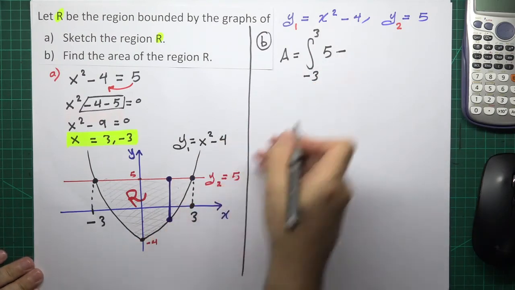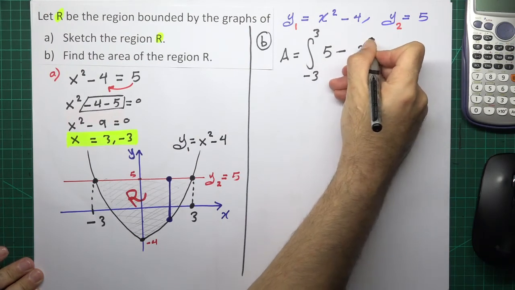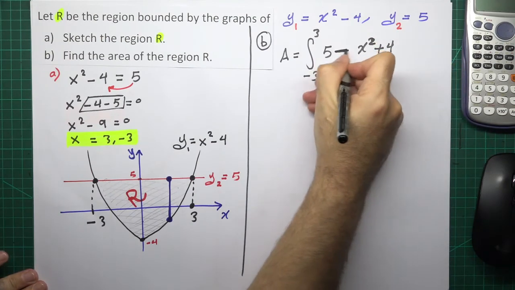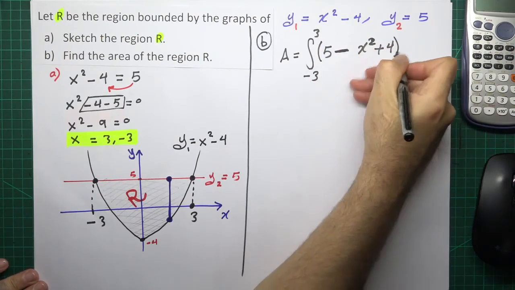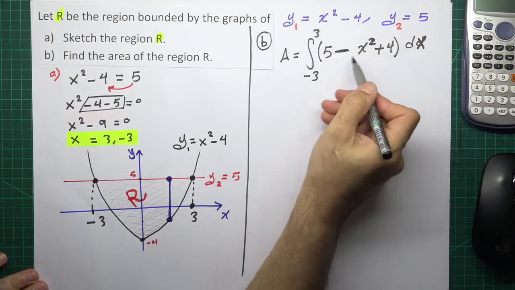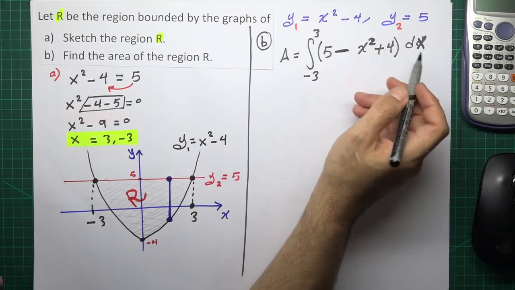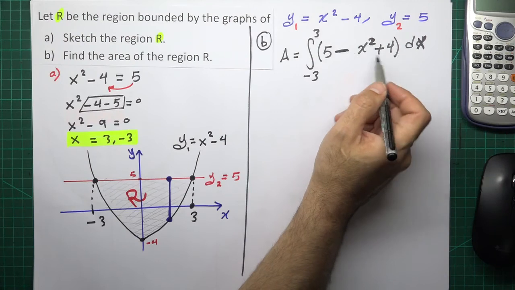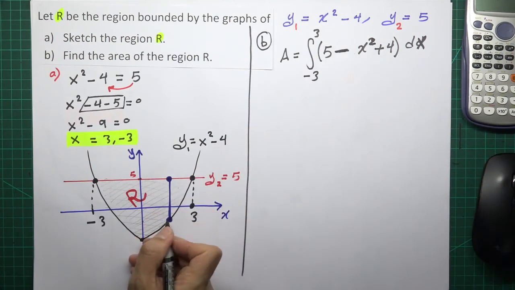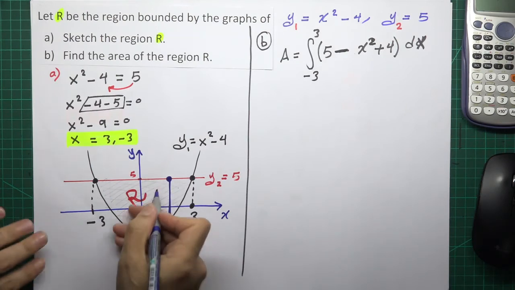The one on the bottom, x squared minus 4, dx. We say that minus x squared minus 4 will be minus x squared plus 4, because I have the minus in the formula itself. I just distribute the minus directly. Now this is correct, students, not only for this strip, but for each strip in this region.